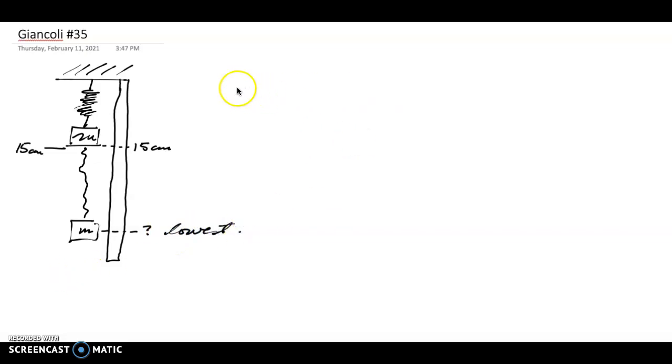Okay, so again, mechanical energy. This is just the sum of your initial energy equal to the sum of your final energy. So your energy here is two things: energy potential due to gravity plus energy potential due to elastic.